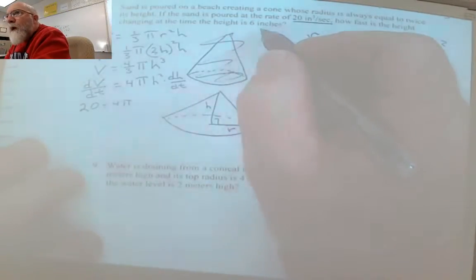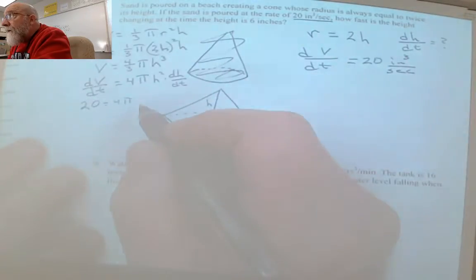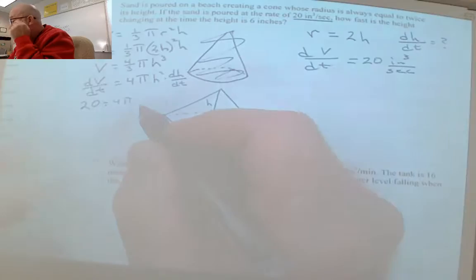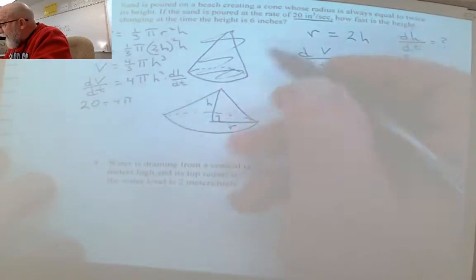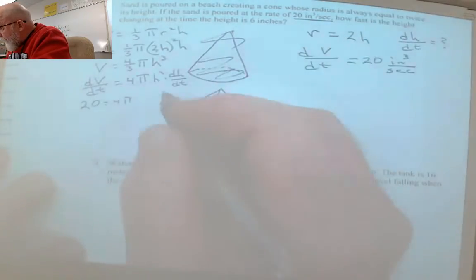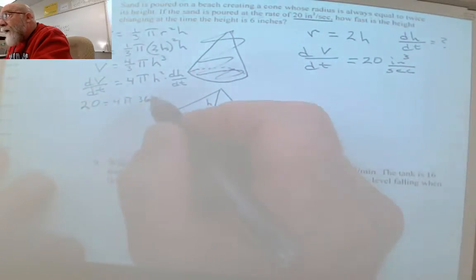Awesome, I do know h. Do I put a 6 in here? Did I put 36 in there? I'm going to put, yeah, this is inches cubed. I am going to put 6 in here, right? And I'm going to do what? Square it? So you said its square is 36, correct? That's 6 squared times dh dt.